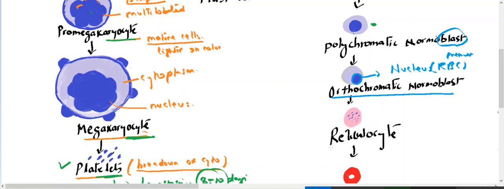Okay, so now it forms the reticulocyte. Reticulocytes do not have a nucleus. So what do they have? It has a very important concept, guys, for Step 1 and CK. It has rRNA, and these reticulocytes are stained with Wright-Giemsa stain. Very important.